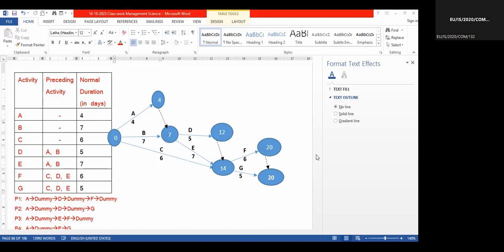Out of these, how many paths have you identified? Students, how many paths have you identified? 10, sir.